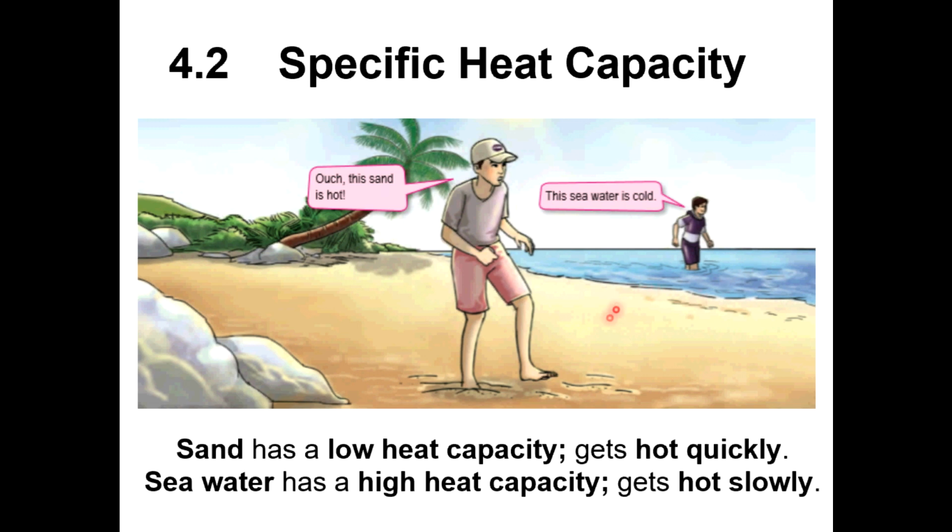The sand has lower heat capacity and the seawater has higher heat capacity. The lower the heat capacity, the faster the object gets hot. So in this case, the sand, which has lower heat capacity, will get hot quickly, and the seawater, which has high heat capacity, will get hot slowly.